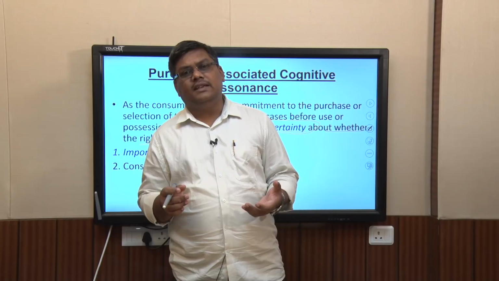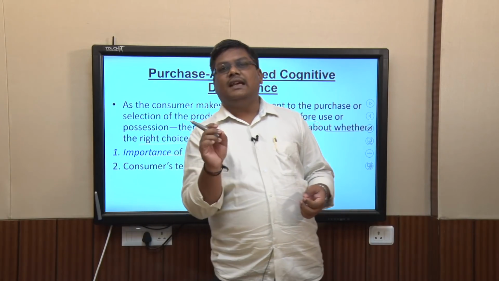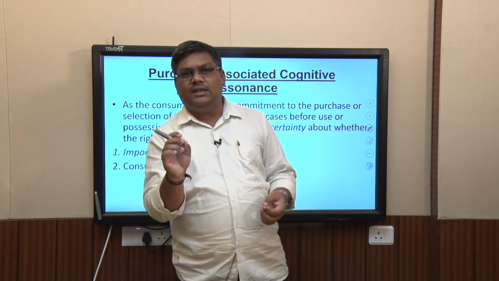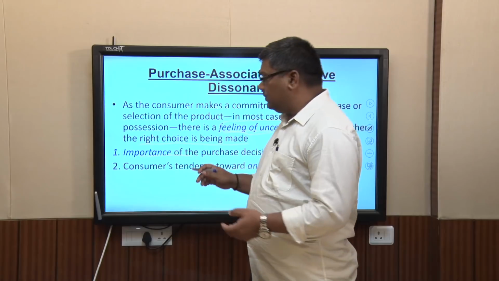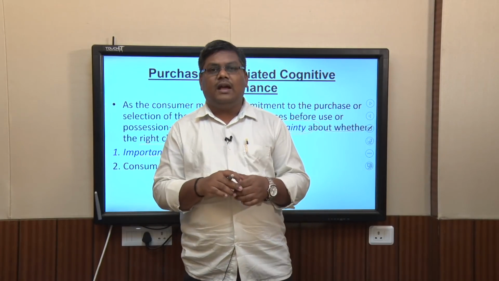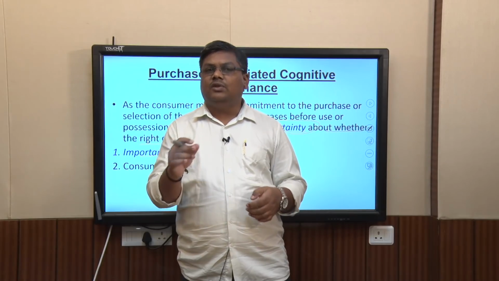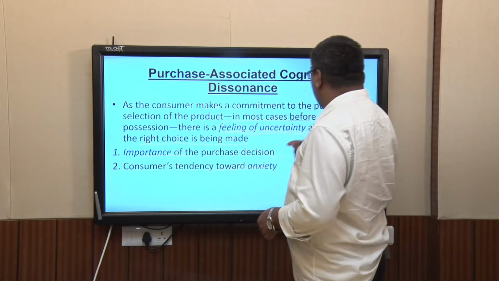There is no source, and from any situation which offers them some challenge, some ambiguity, uncertainty, they become anxious, and so for that class of consumers, this cognitive dissonance is going to be high.